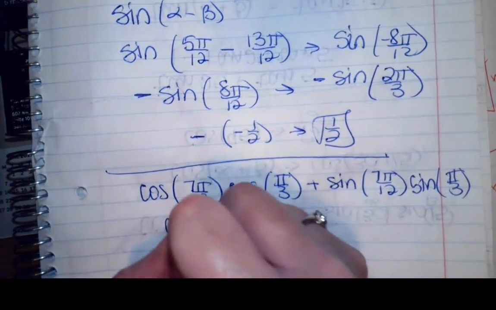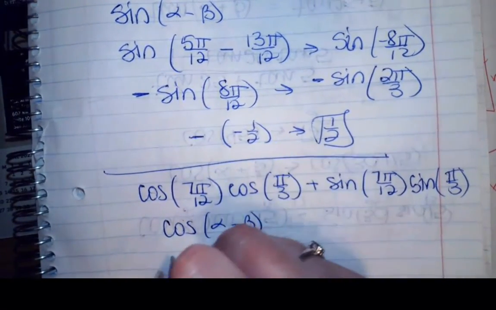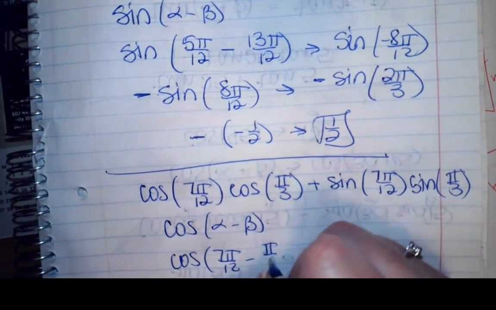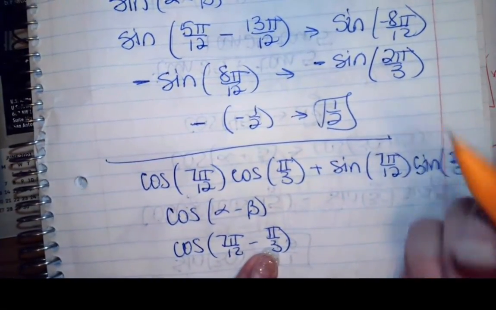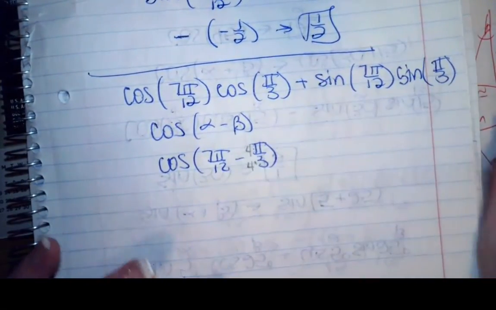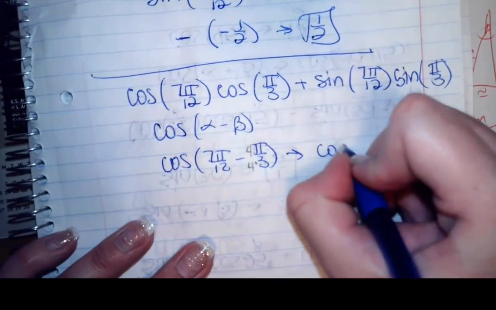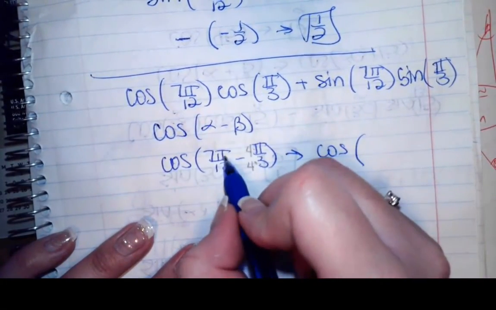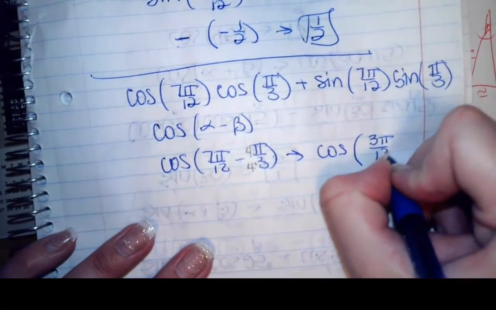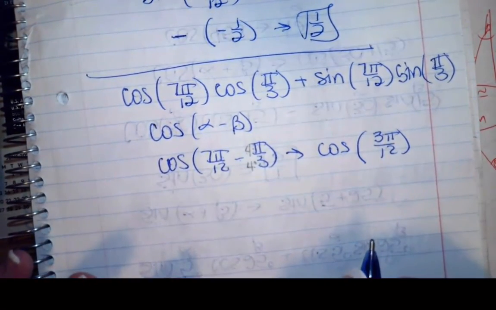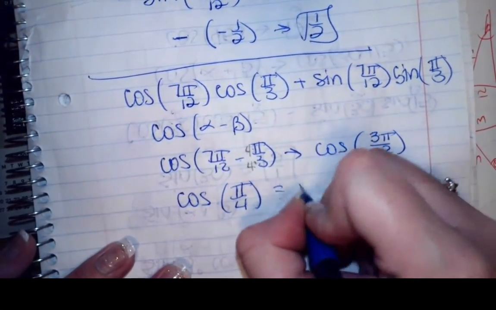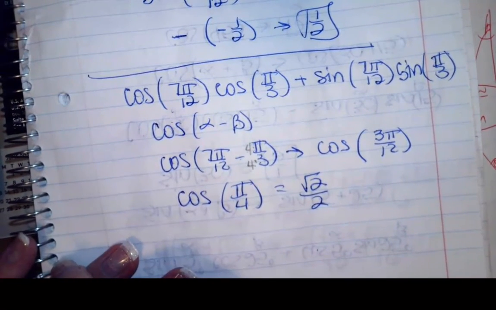So this is actually cosine of alpha minus beta, which means I've got cosine of 7 pi over 12 minus pi over 3. I'm going to need a common denominator, so this is going to be times 4 over 4. So now I've got the cosine of 7 pi over 12 minus 4 pi over 12, which is 3 pi over 12, and that reduces by 3s to pi over 4. So this is actually cosine of pi over 4, which is root 2 over 2.